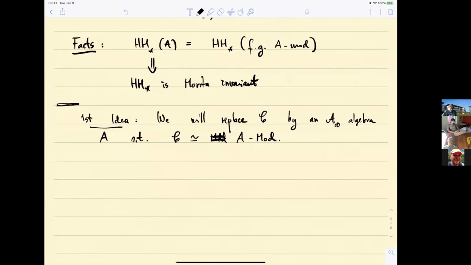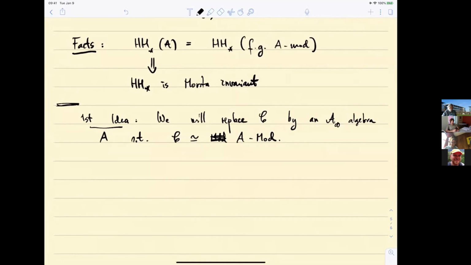There's a lot of technology that is needed to say this, but morally it's going to be just fine. The whole construction that we will do will be Morita invariant. So there is no harm in replacing the whole big category, the derived category of X, which has billions of objects and all kinds of complicated morphisms, by only one A infinity algebra.